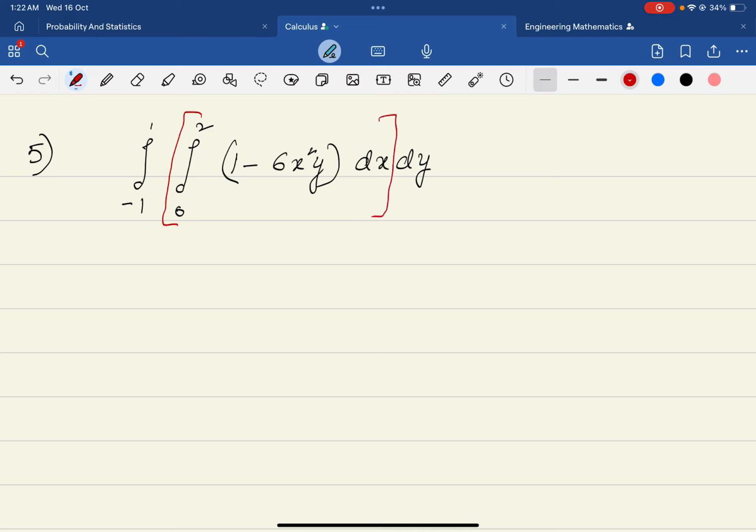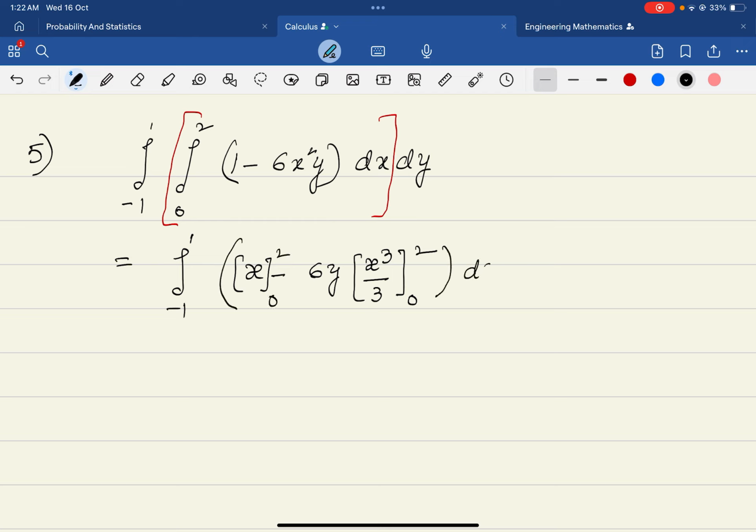Now this is given by integral minus 1 to 1, integral of 1 dx is x, minus, take out 6y outside of the integration, integral x square dx becomes x cube by 3. Now the limits are from 0 to 2. You can split this and write it, anything is the same, 0 to 2 dy.